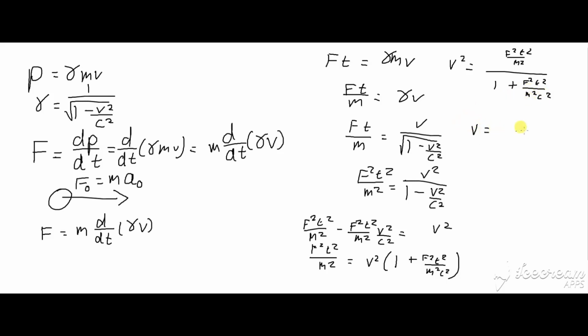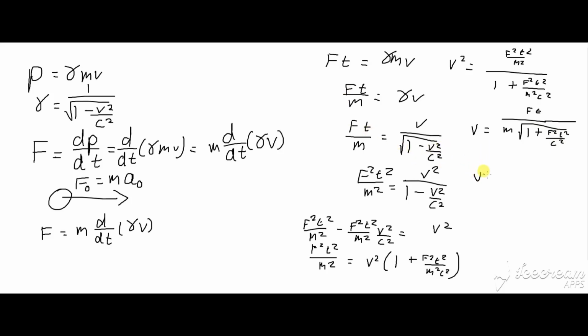And then take the square root, you end up with ft on m, and in order to simplify this, I'll just bring the m to the bottom on the denominator, times root 1 plus f squared t squared on c squared.